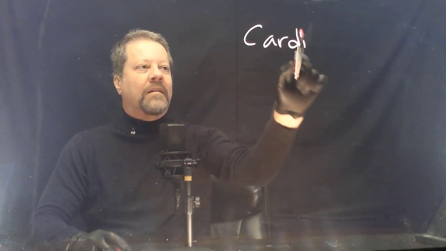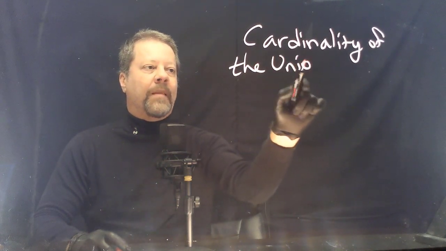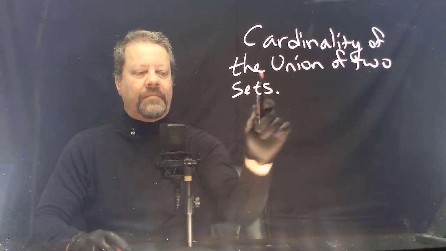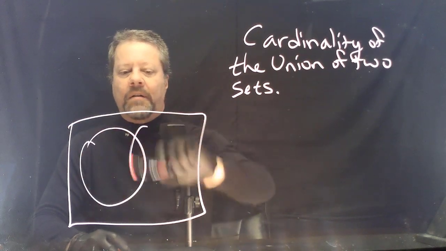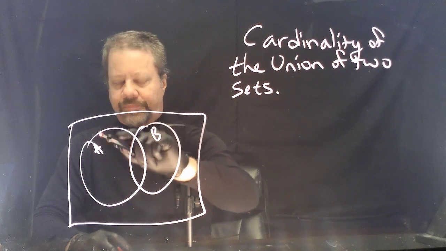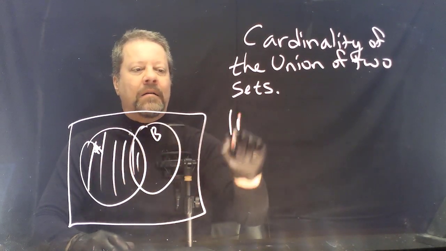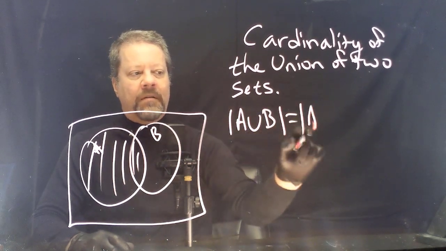How do you determine the cardinality of the union of two sets? The basic picture, if you're trying to figure out how many elements there are in the union, if you count up the number that are in A, that's fine.